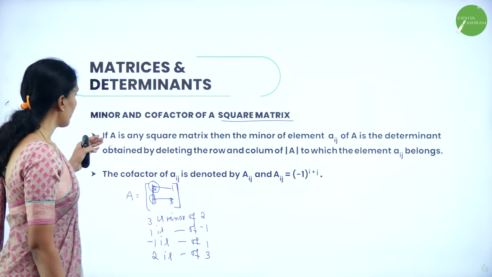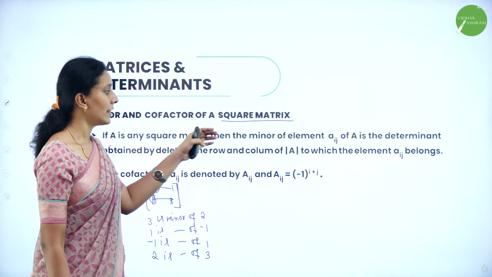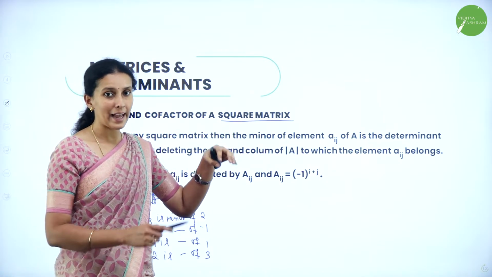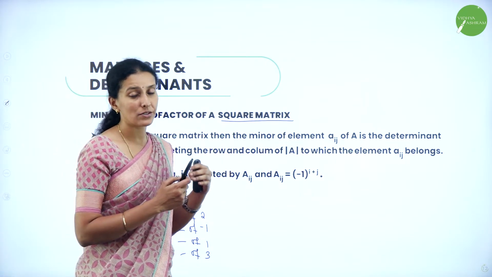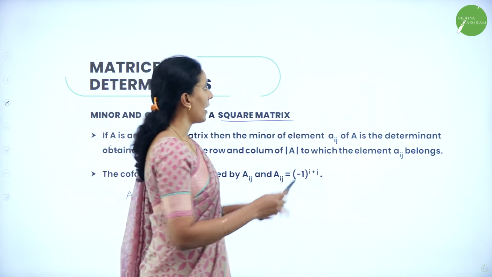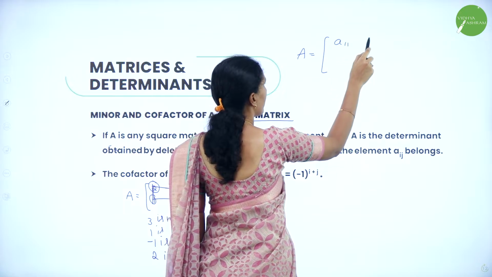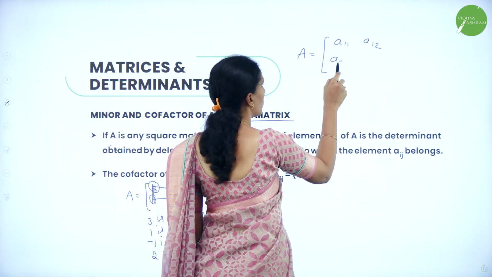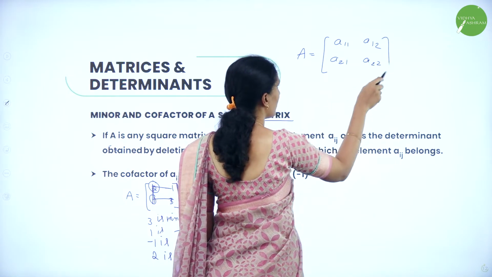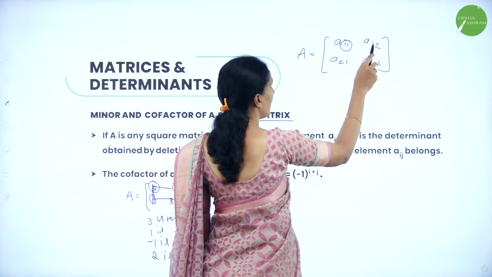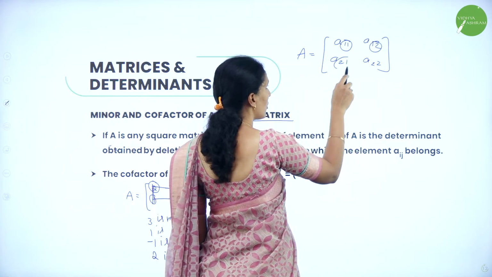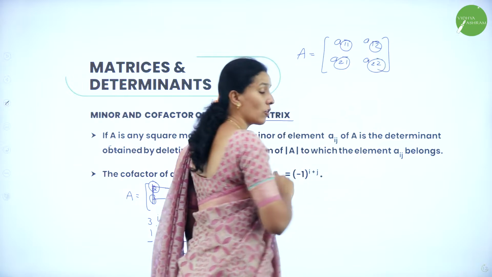That is, if A is any square matrix, then the minor of element Aij, where ij represents the place value. Every matrix can be written as A11, A12, A21, A22. That means first row, first column element; first row, second column element; second row, first column element; second row, second column element.